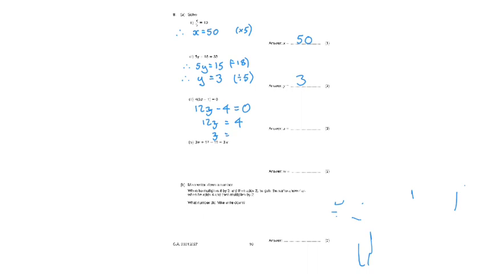So z, we've got to divide by 12, is 4 divided by 12. We can just write it in a fraction like that, which is quite neat. 4 divided by 12 is 1 over 3. So the answer is 1/3. You can write it as 0.3 recurring, but you must have the recurring on, otherwise it's not correct.